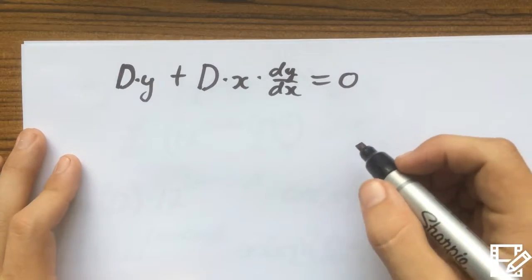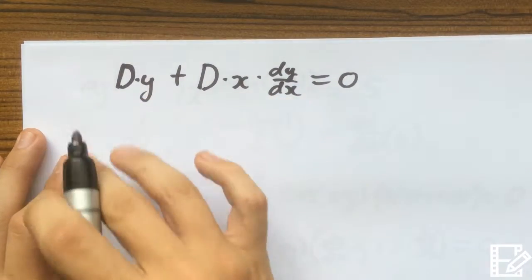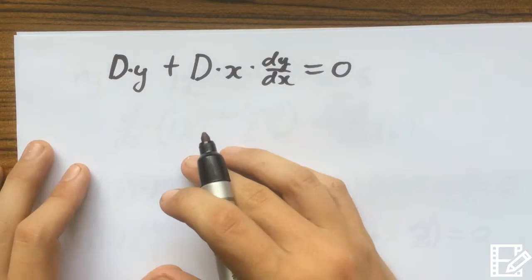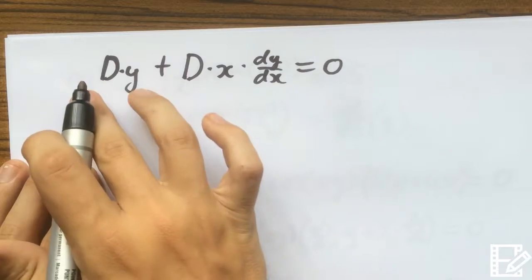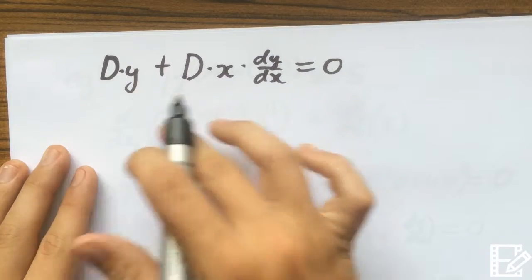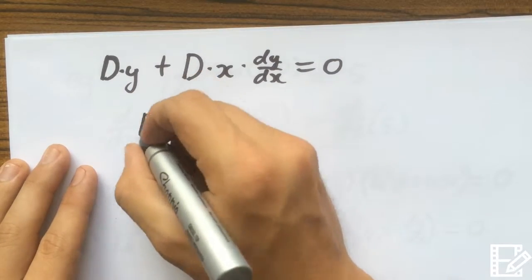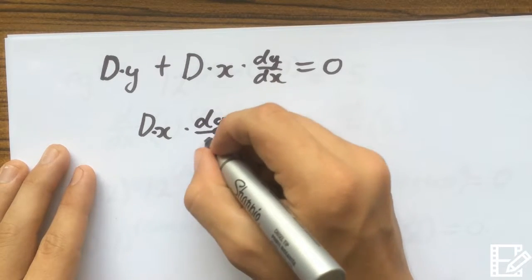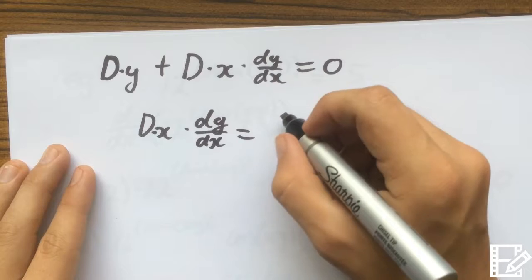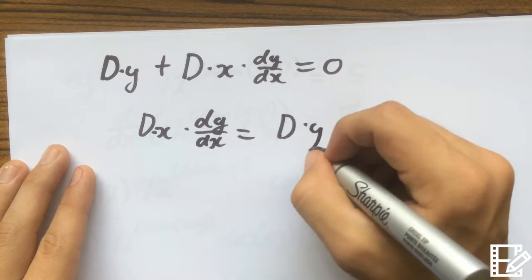Now we want to get this on one side and this on the other side. So I'm going to keep this on this side and subtract d y from both sides, and that'll leave us with d multiplied by x multiplied by dy dx equals negative d multiplied by y.